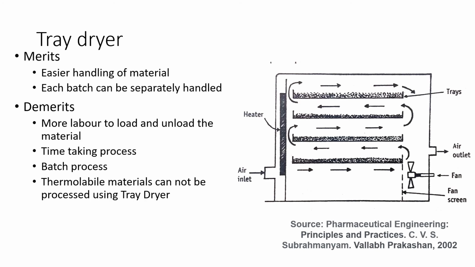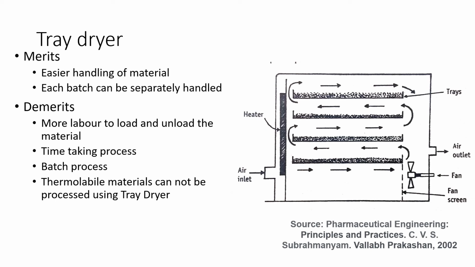If we look at its merits and demerits, majorly the tray dryer is operated in a batch-wise manner. That is the main disadvantage or demerit, and it takes a longer time for the material to get dried. There is an additional investment of labor to load and unload the material before and after drying.